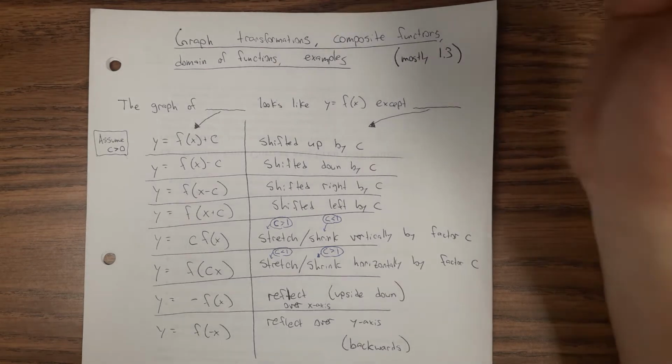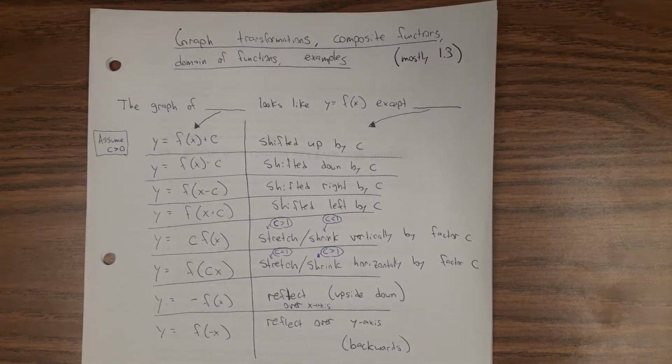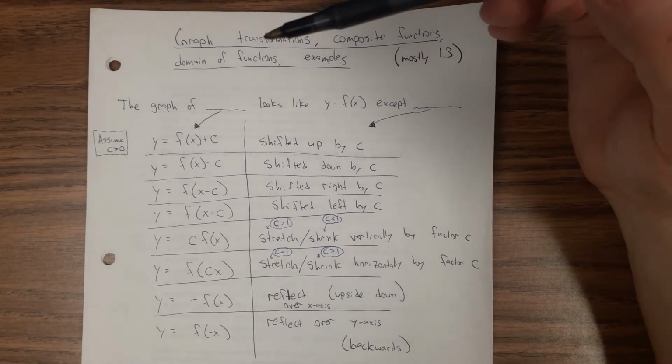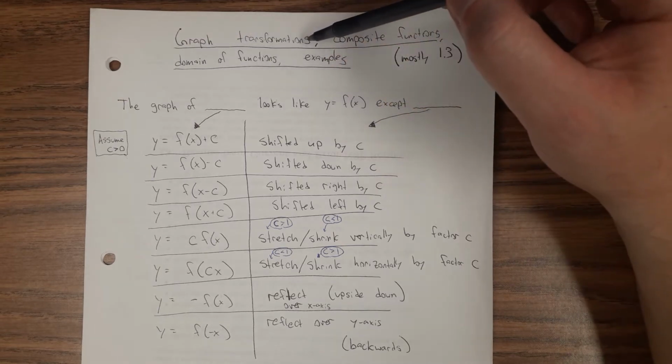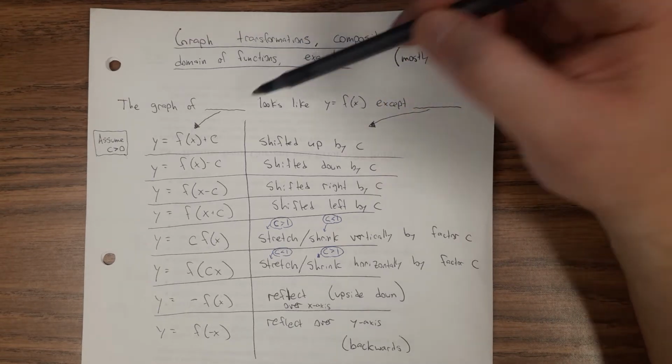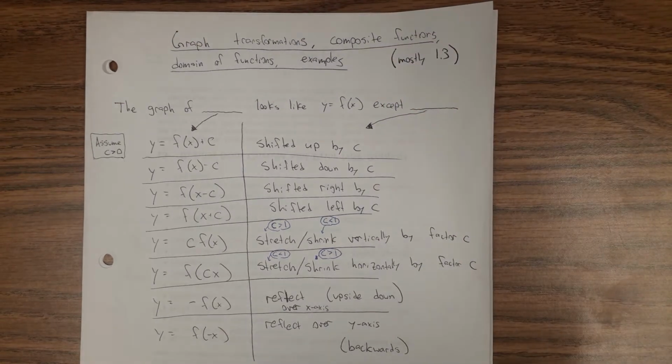So we have this library of standard graphs in our vocabulary at this point. And what the first part of this lecture is about, it's graph transformations. It's how to take a graph that you know and make a small change to it.